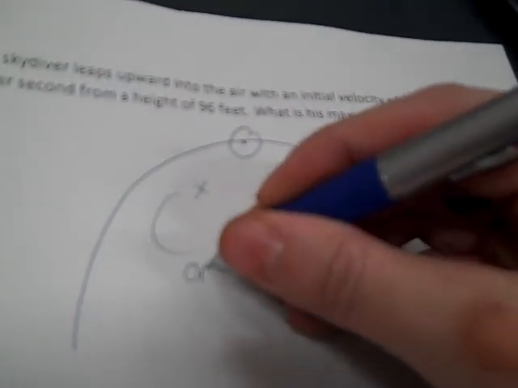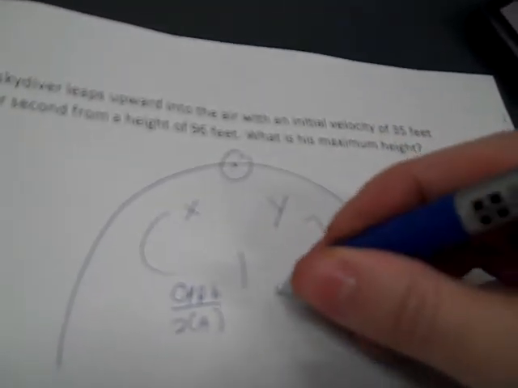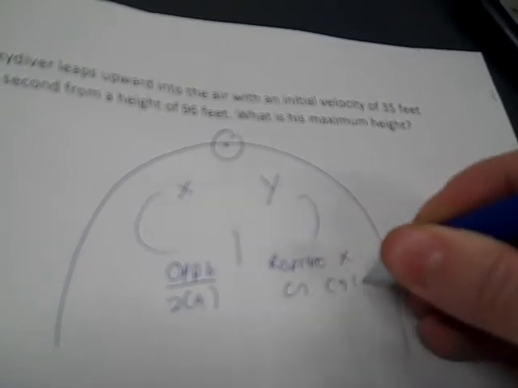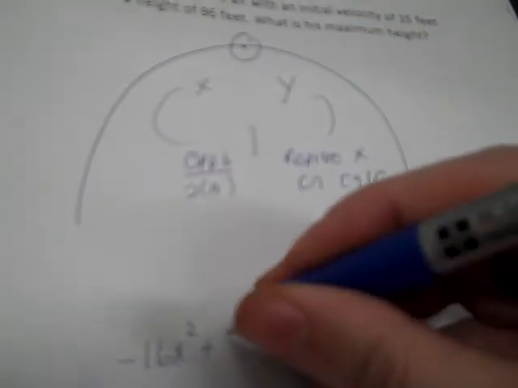Okay, find the x, opposite of b, divided by 2a, and the y is replace x on the calculator. Now you're talking gravity. So this would have the negative 16x squared, and then the feet per second, 35, with x. Then before equals, we got to remember he started from 96 equals y.